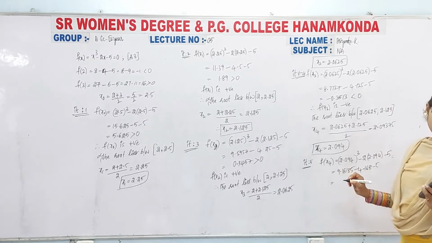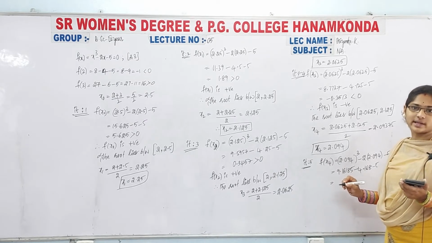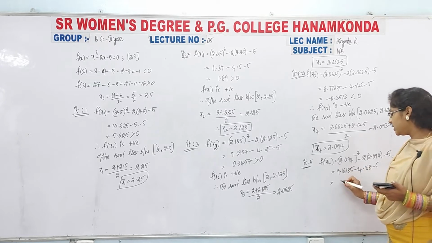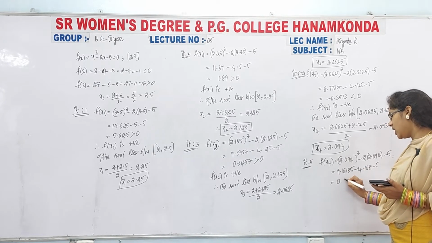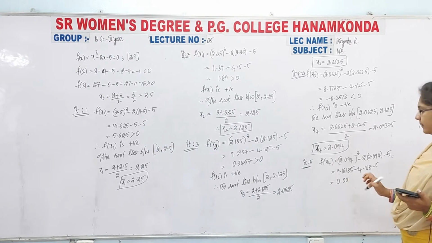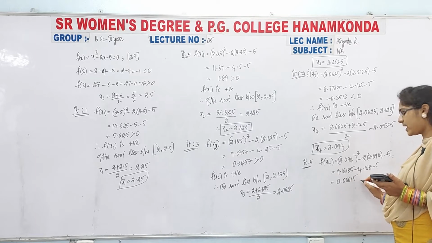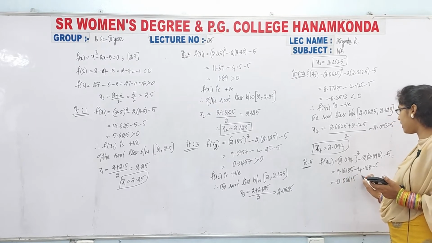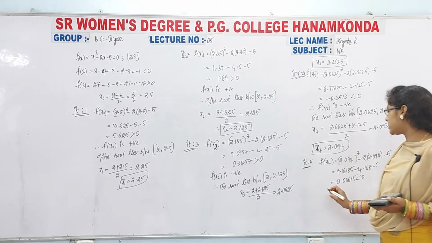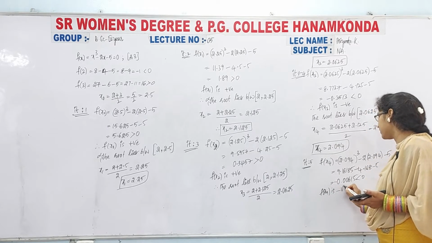So here, in your calculator you will get it is nothing but minus 6.15 into 10 to the power of minus 3. The meaning of that one is 0.00615, because if you have power 3 then we simply take 2 zeros after the point. Of course it is negative. So negative means what we can say? f of x4 is negative.